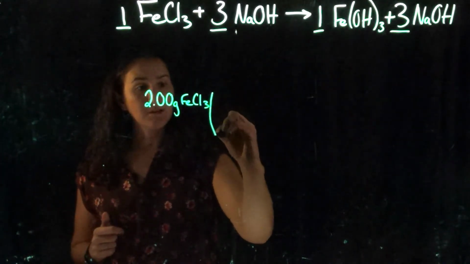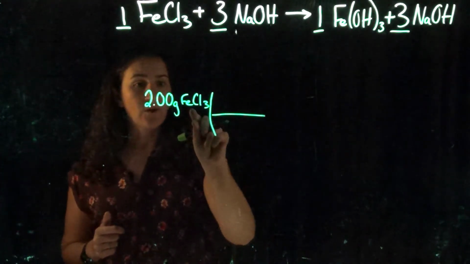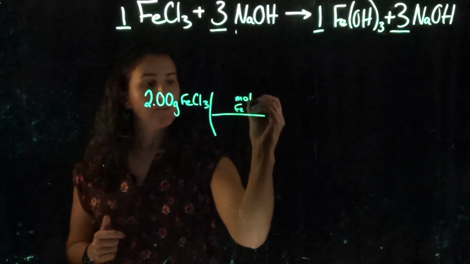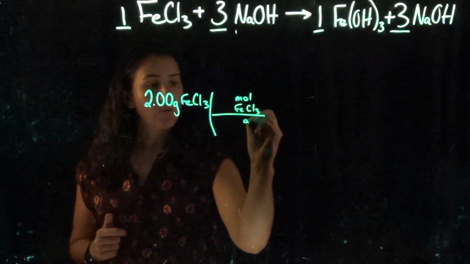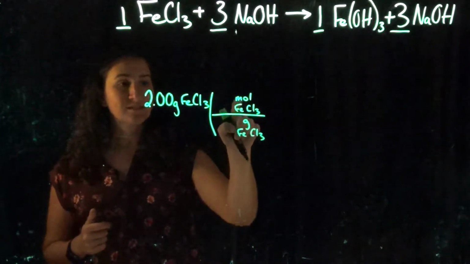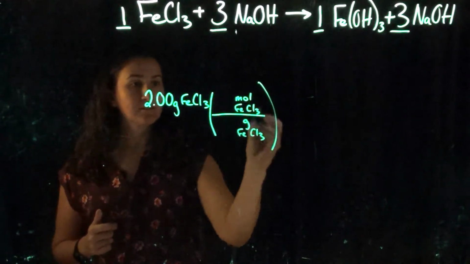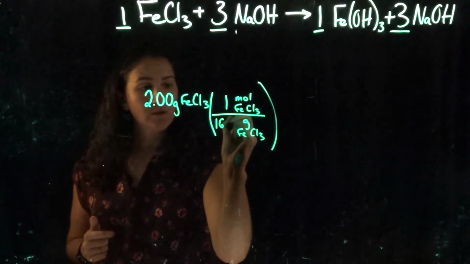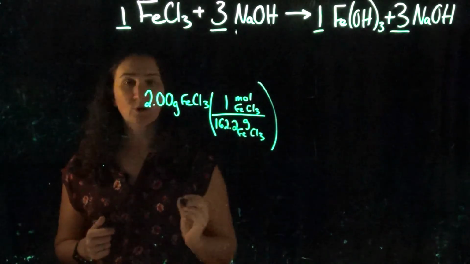So remember, this is just a bunch of molar conversions. We want to end up with moles of iron 3 chloride, and we got grams of iron 3 chloride. So hopefully you notice that this is simply the molar mass. In 1 mole, we have 162.2 grams.